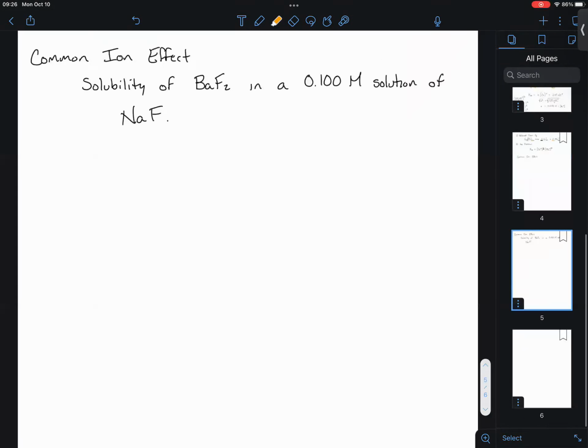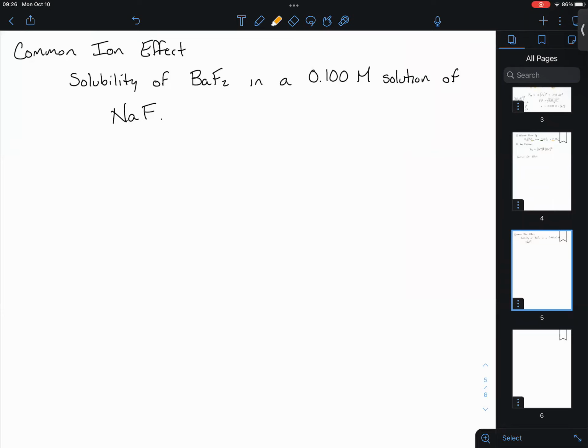Now I have this barium fluoride, which is not very soluble, and I'm going to try to dissolve it into a solution that already contains a bunch of fluoride ions. So I'm starting out with an initial concentration of fluoride ions equal to this 0.100 molar.